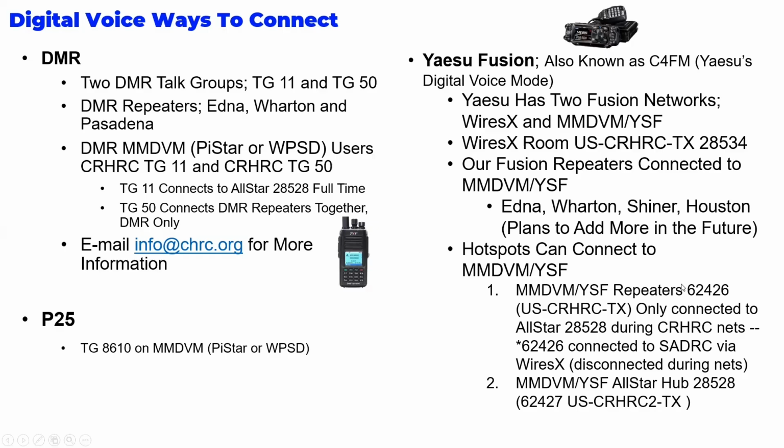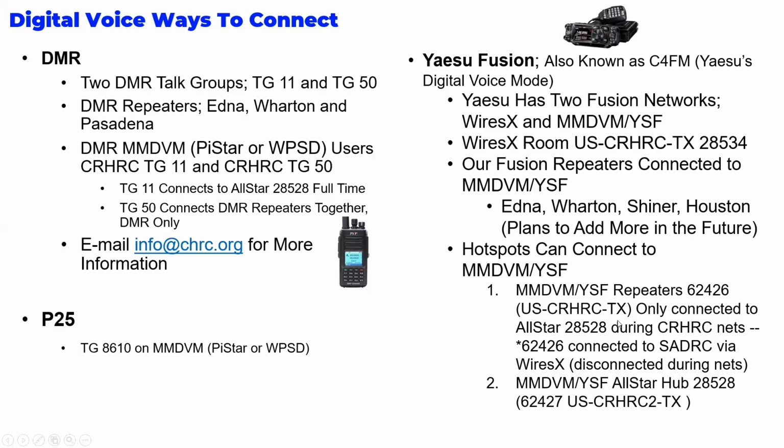And that one is connected full-time to the repeaters in Edna, Wharton, Shiner, and Houston, and there will be more in the future. Those are connected to SADRC, but not to 28528, except during the nets. During the nets, all of the YSF repeaters will be connected to 28528. Let me let it drop.